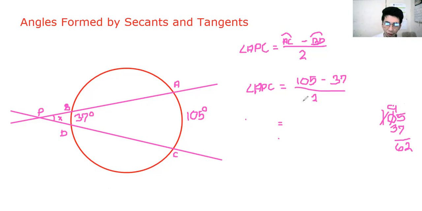So, 62. Divide by 2. So, we have 31. Bakit 34 dito? Sir, 68, sorry, 68. Gulo ni sir, no? 68. Then, 68 divided by 2, that is 34. So, we have 34 degrees.